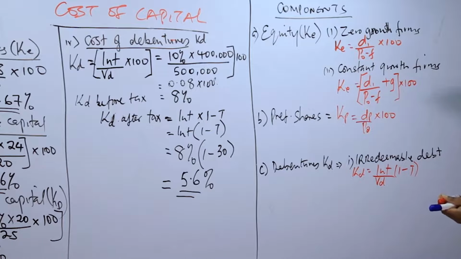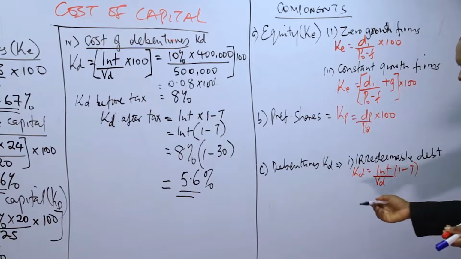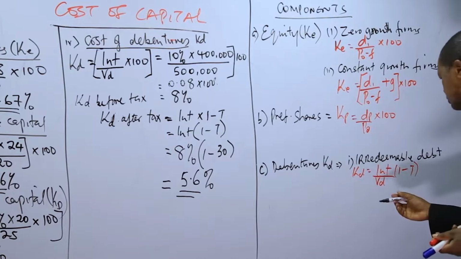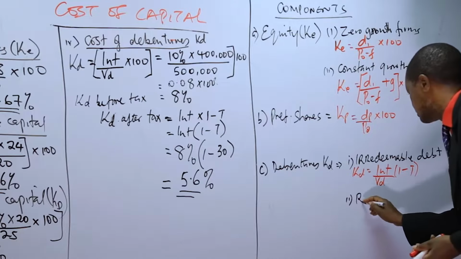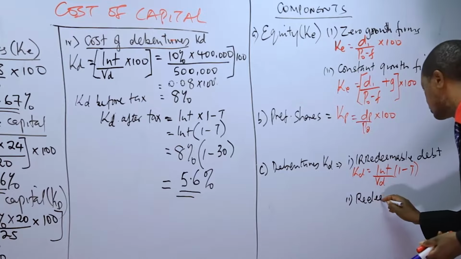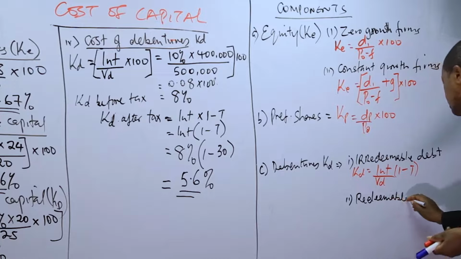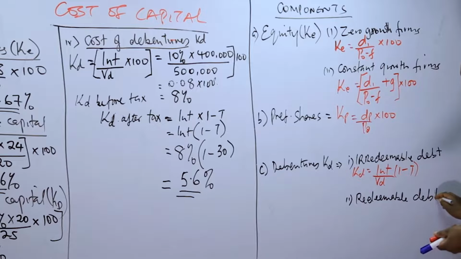Then we have discussed again the other category of debentures, which is the redeemable debentures. These are debentures with a maturity period.